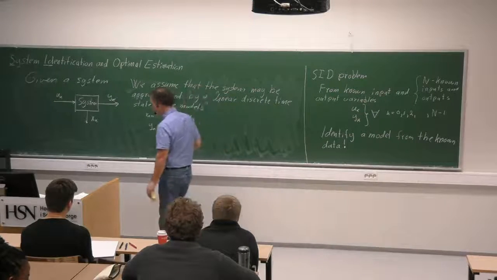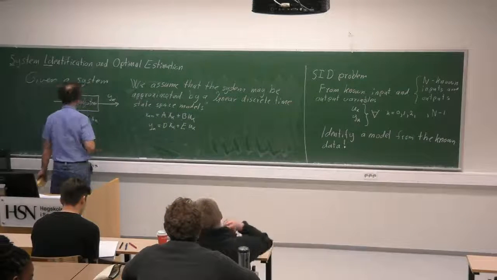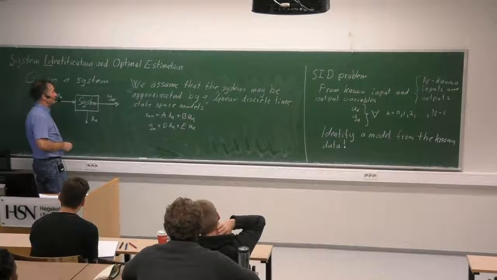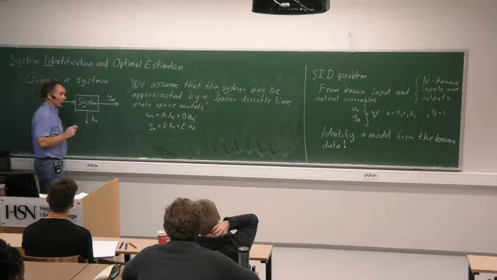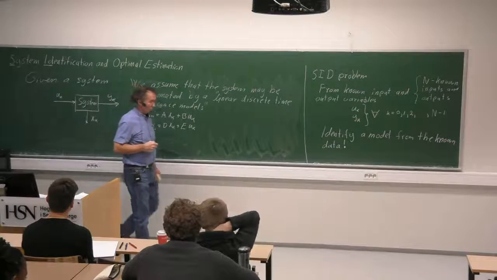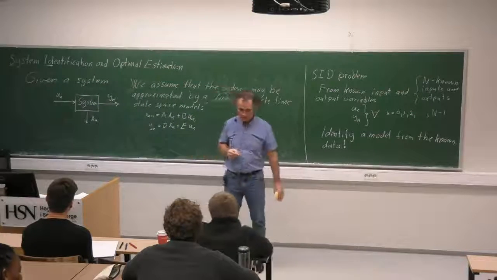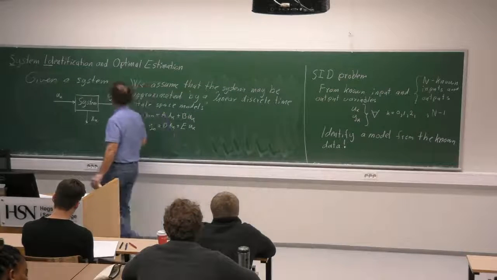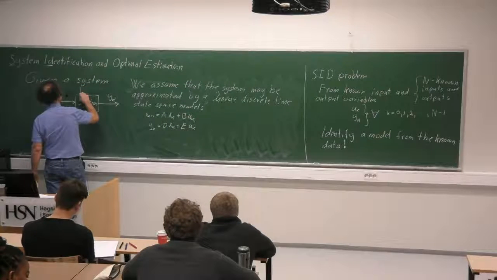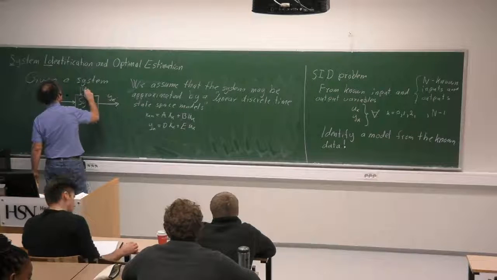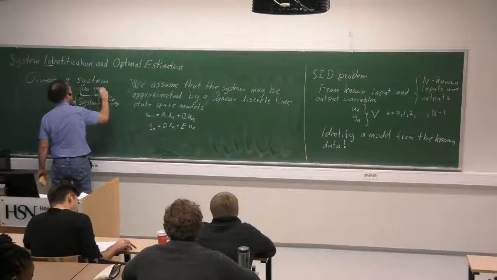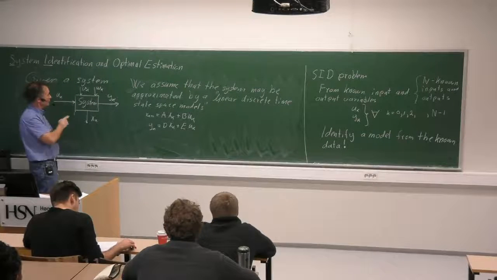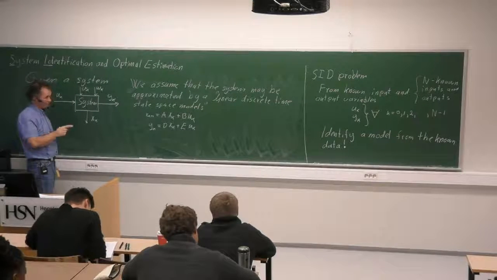In order to generalize a little bit here, if I introduce noise influencing this system, we have two noise variables usually influencing a system. We have so-called process noise, which I name v at discrete time k, and measurement noise w_k. So let me introduce those noise variables in this state space model.